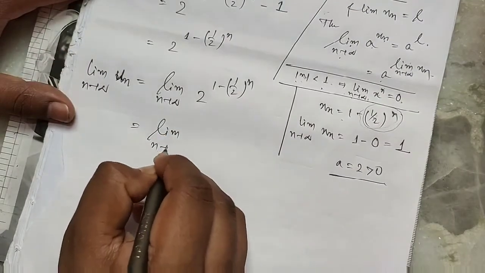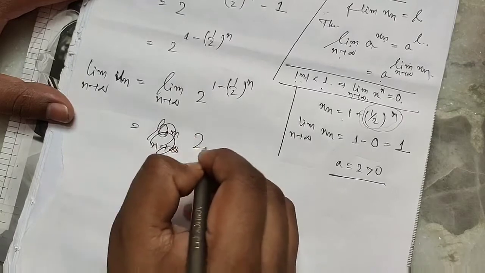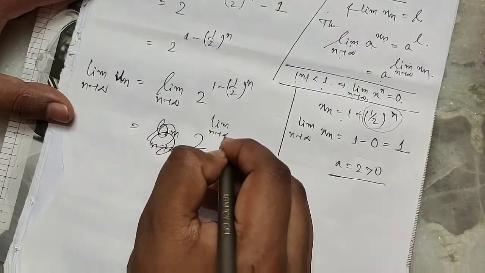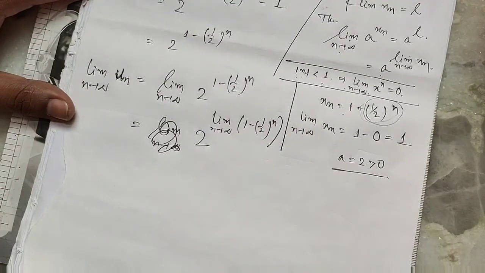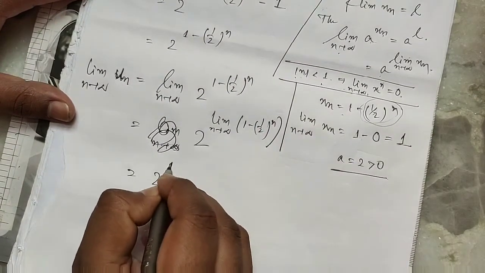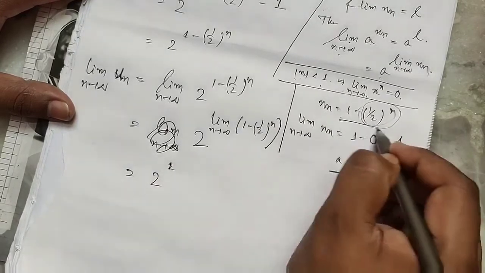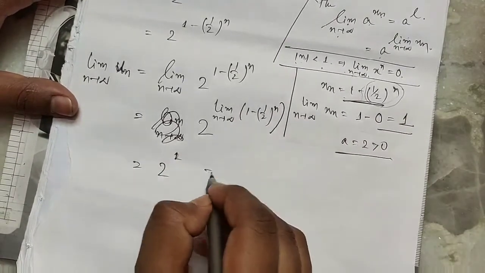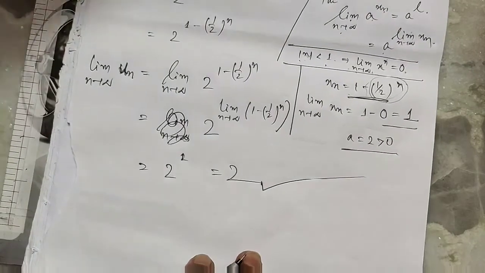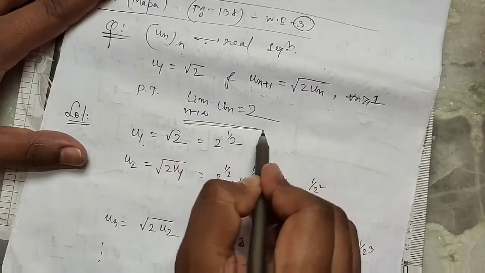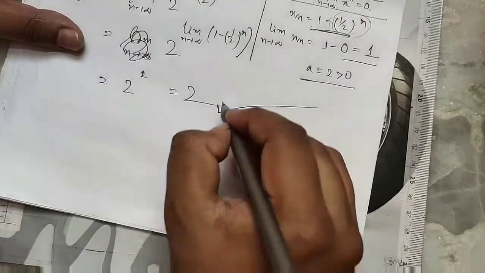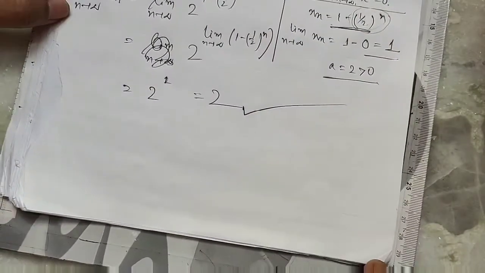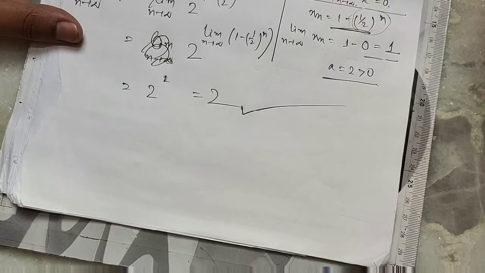So this is equal to 2 to the power limit n tends to infinity of (1 minus half to the power n). So this is equal to 2 to the power 1 because this converges to 1, so this is equal to 2. Clear? So the sequence un converges to 2. Clear? Okay, that's it. Thank you.